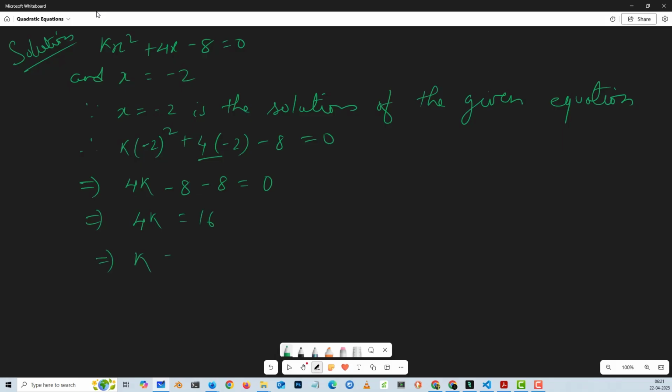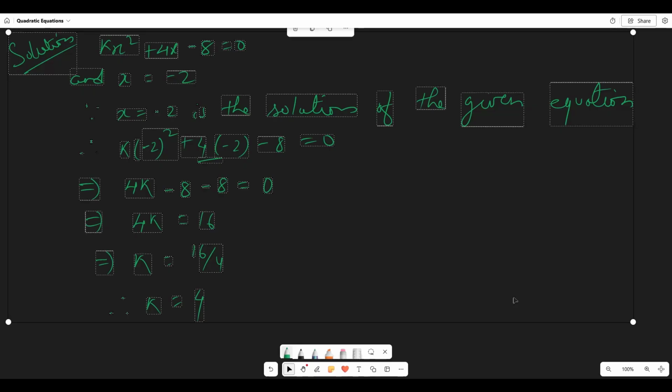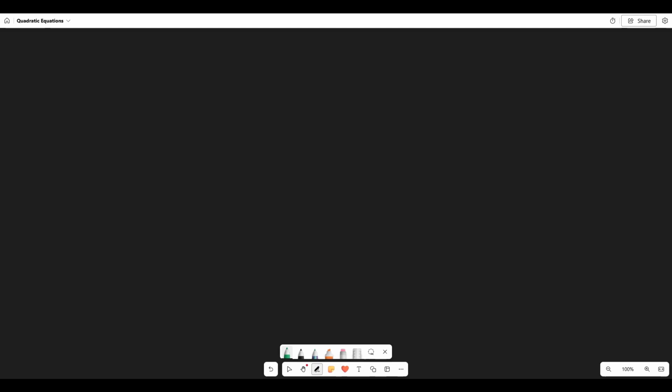So k equals to 16 by 4, or just 4, but in this step you can write 16 divided by 4, and in next step you can write therefore k equals to 4. That's it. So let's solve the next question. Let me clean it. So what is the next question?